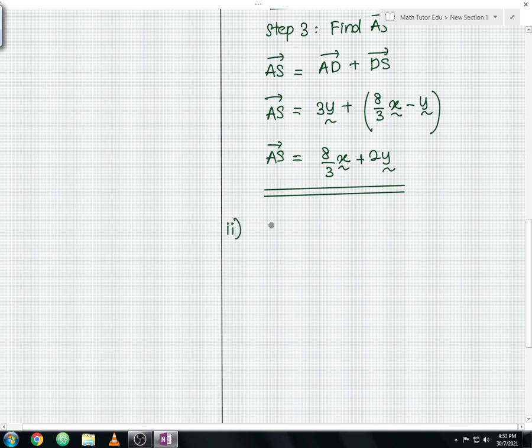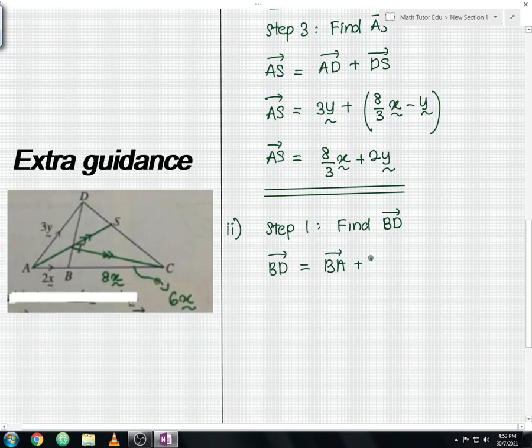So step 1, we find the vector BD. To find the vector BD, we're going to add the two vectors, the vector BA plus vector AD.